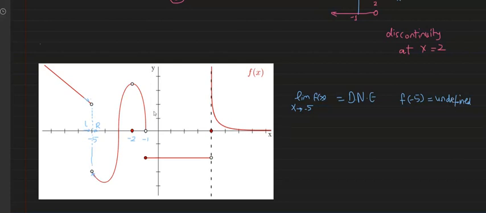Okay, what about -2? The limit of f of x as x approaches -2: here the limit would approach from the left to find a value and then approach from the right to find the same value.